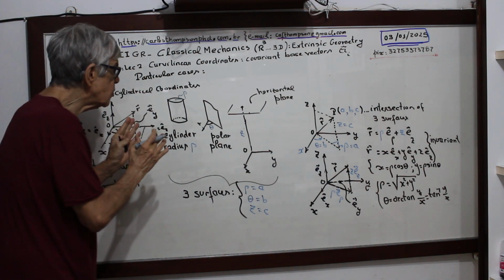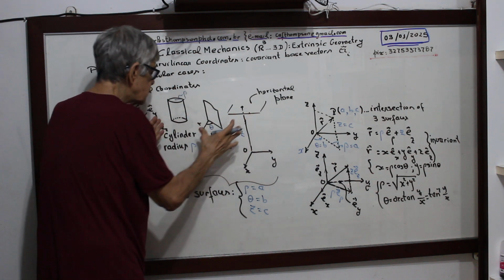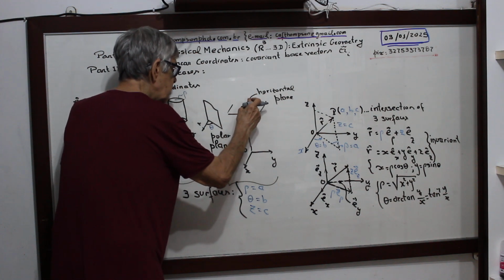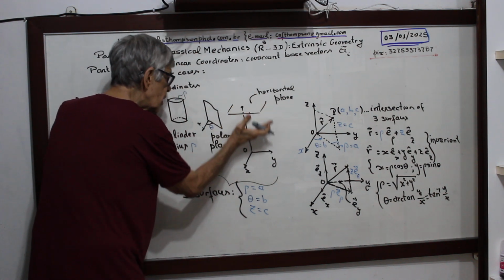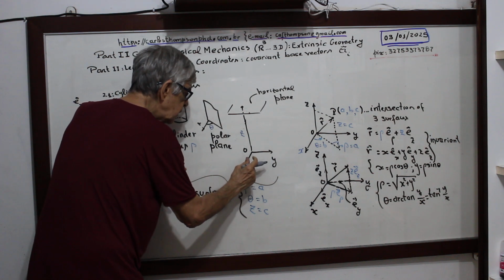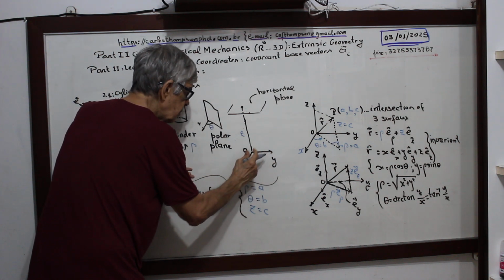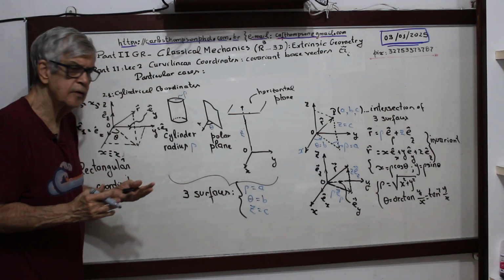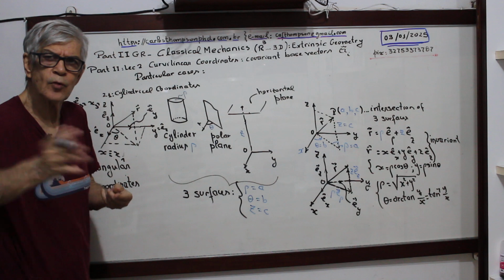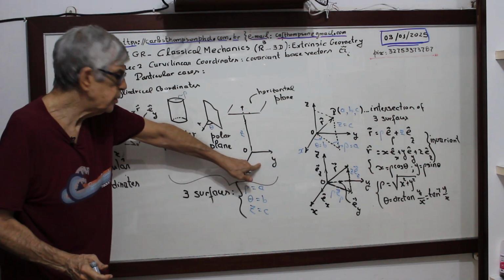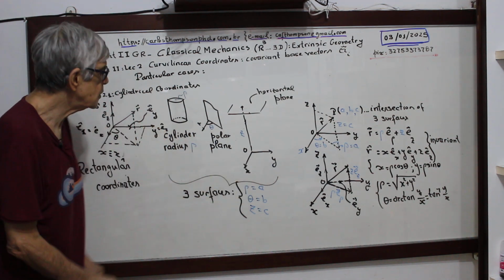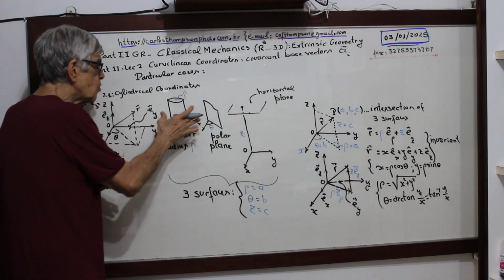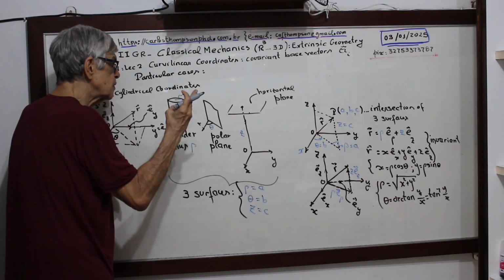Now we are talking about three surfaces. The third one is also a plane, which is parallel to the plane formed by x and y. If you look at the corner of your room, this will be the floor, just for you to understand. These are the three surfaces.